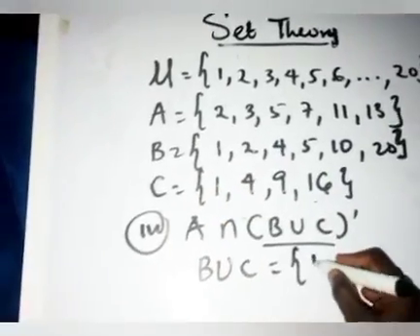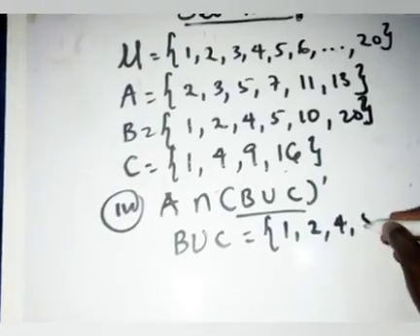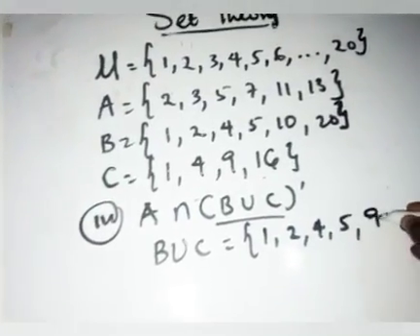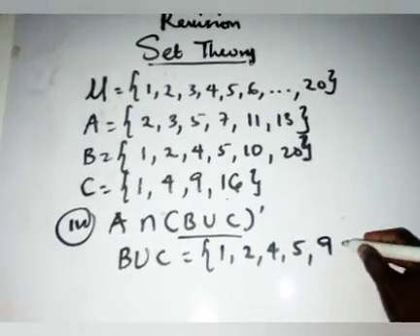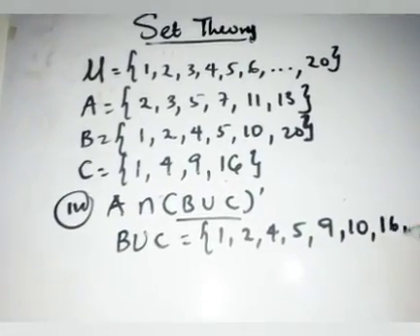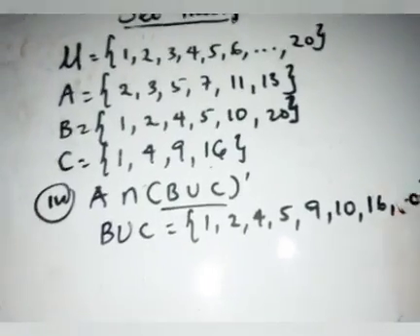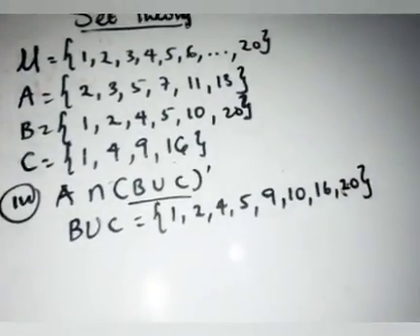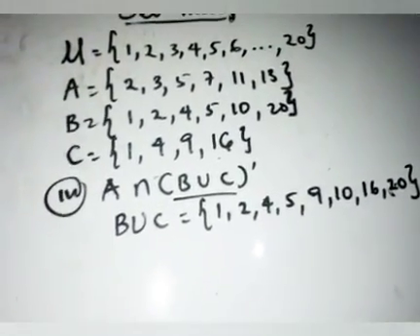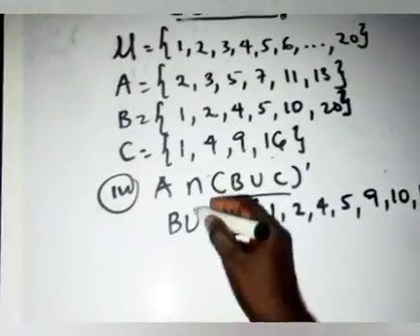That means 1, 2, 4, 5, 9, 10, 16, and 20. So these are the elements in B union C.